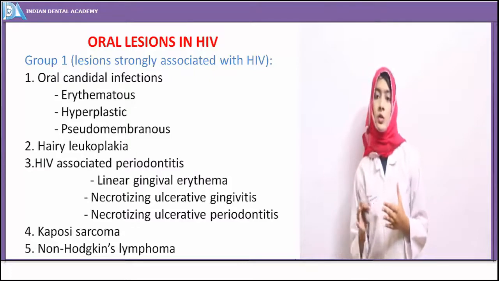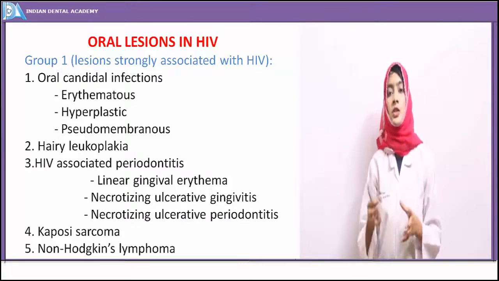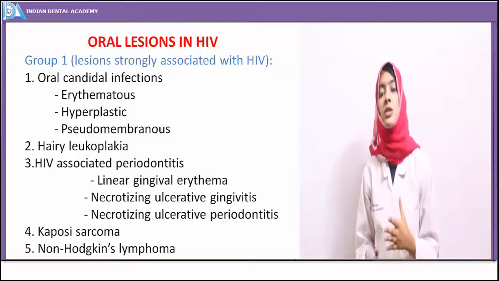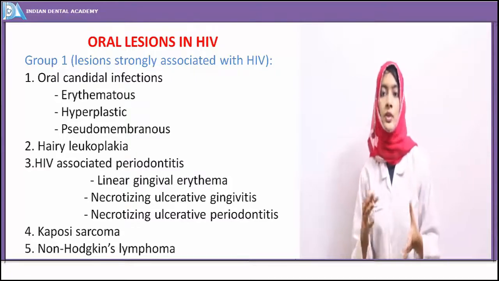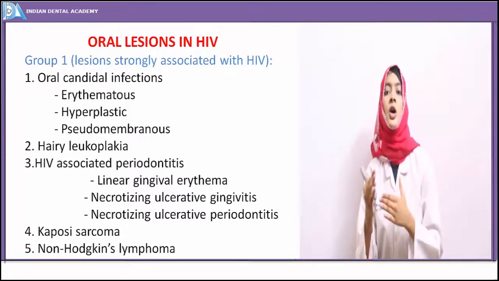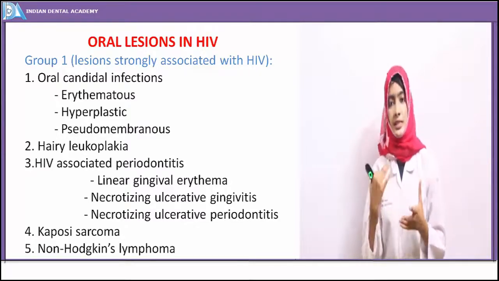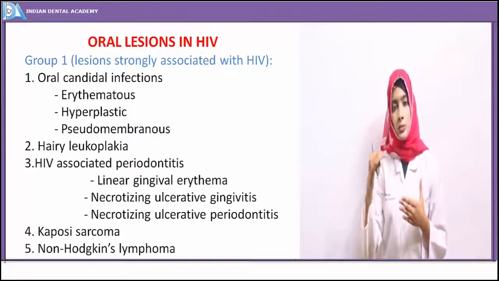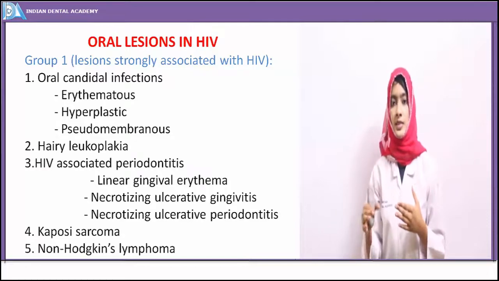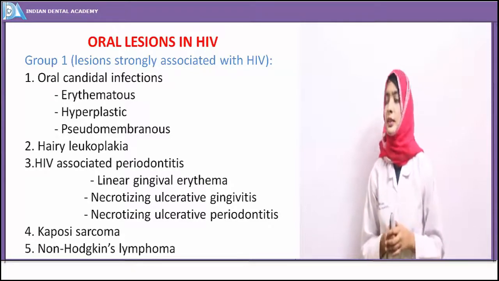Group 1 includes the lesions which are strongly associated with the presence of HIV infection. Even when the patient may not know that he is HIV positive, when you see these oral lesions, you can suspect that the patient is immunocompromised, and you have to correlate clinically.